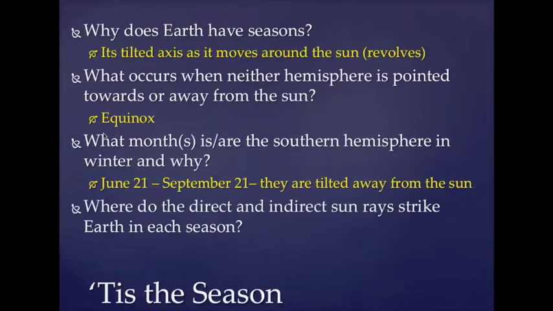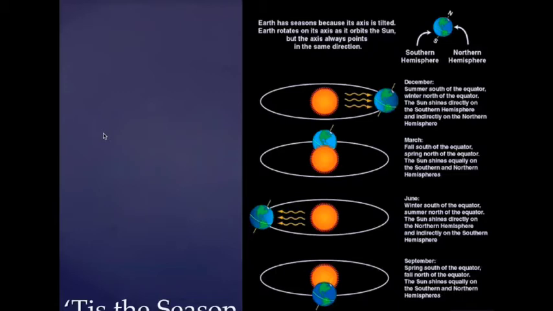Where do the direct and indirect sun rays strike Earth in each season? We're going to use this picture here, so go ahead and pause it and you can read through. I'm not going to read through everything, but you can see the axis is here, so you can see the tilt. You can see the southern hemisphere is towards, northern hemisphere is away. Use the axis here to see this is pointed towards.